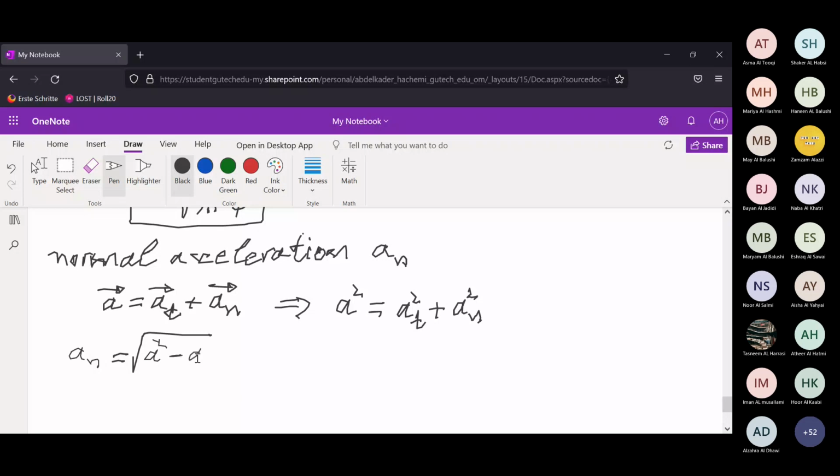If you remember well, we have a, the total acceleration, given by the following expression: vr omega square root of 4 plus phi square. And we have the expression of at, which is given by vr omega phi over square root of 1 plus phi square.